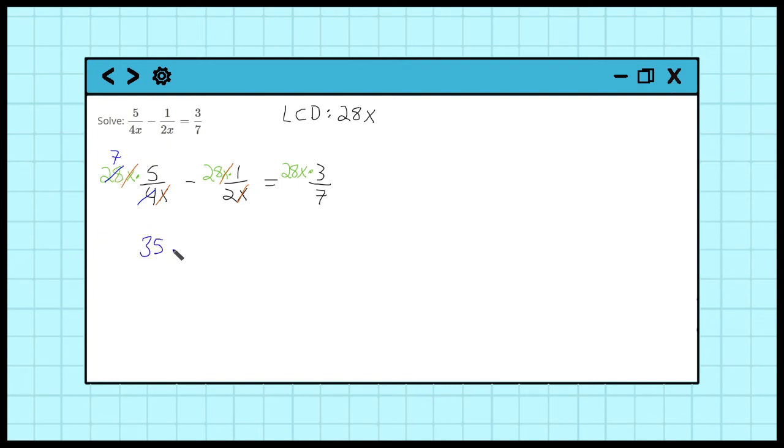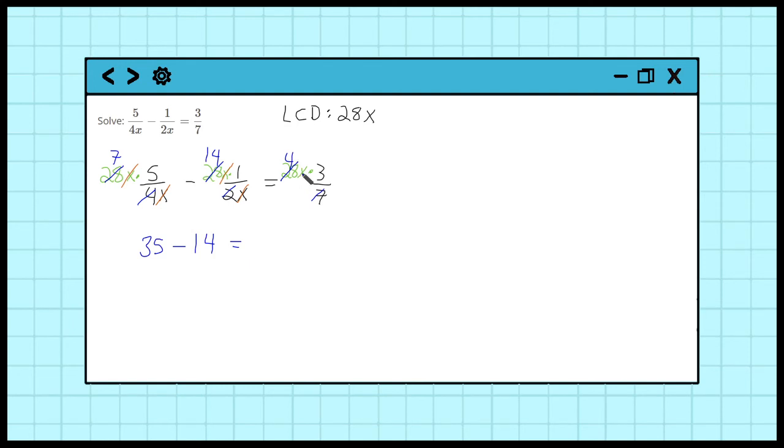If you have picked the correct least common denominator, everything will cancel. That's a nice thing. Here, 28 divided by 2 is 14, and 14 times 1 is 14. Here, I have to keep the x, but 28 divided by 7 is 4.